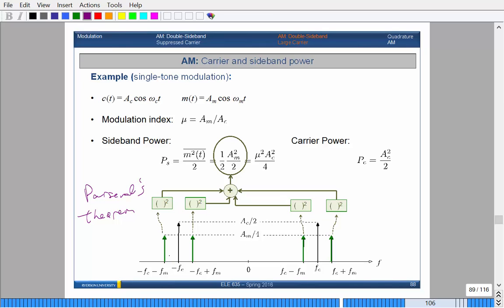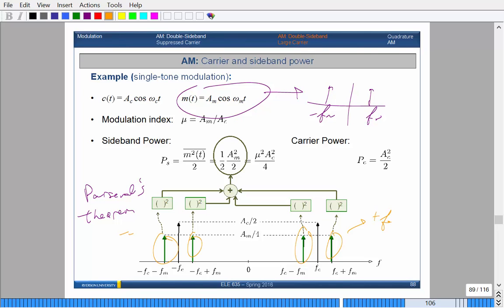Remember this is your message signal, and it's modulated plus and minus f_c. So remember this spectrum looks like this. You have minus f_m and f_m here, right? And if you modulate it, you're going to get 2 copies. The first copy is over here, for plus f_c, and then you have another copy over here, minus f_c. And when you take all the heights, square them, and add them up, you get this expression over here, which makes sense.